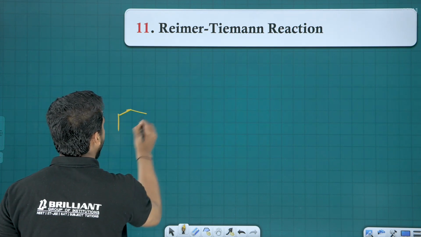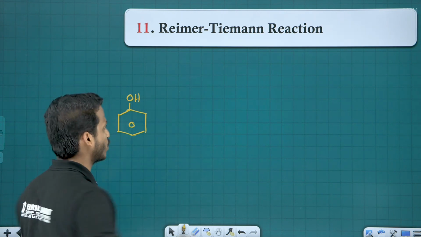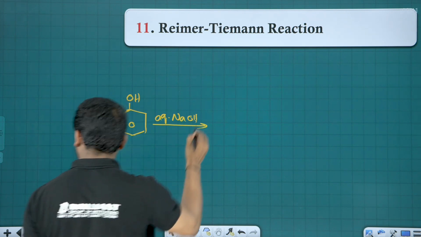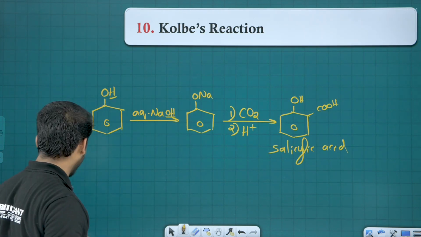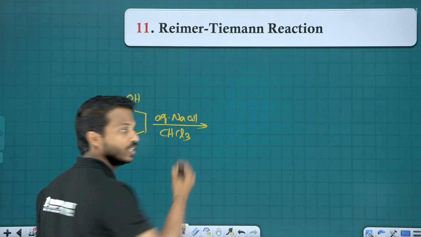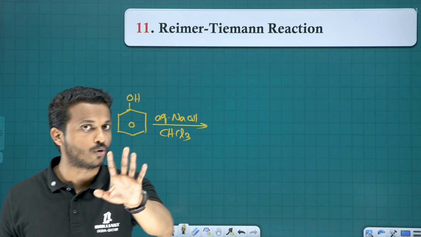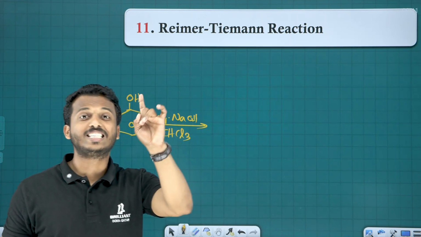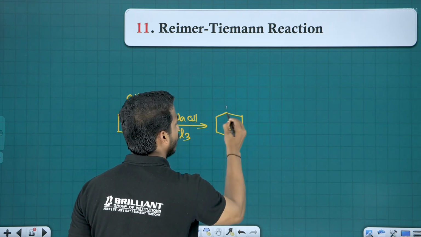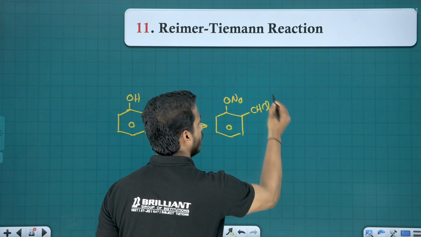In the same way we have another reaction, the Reimer-Tiemann reaction. Phenol to, with a small change, salicylaldehyde. What is the reagent? The same aqueous NaOH, like Kolbe, but here we need something extra, chloroform, CHCl3. Students are noticed writing CH3Cl, so don't make that mistake. CHCl3 is chloroform. The phenol becomes sodium phenoxide, and CHCl2 comes to the ortho position.